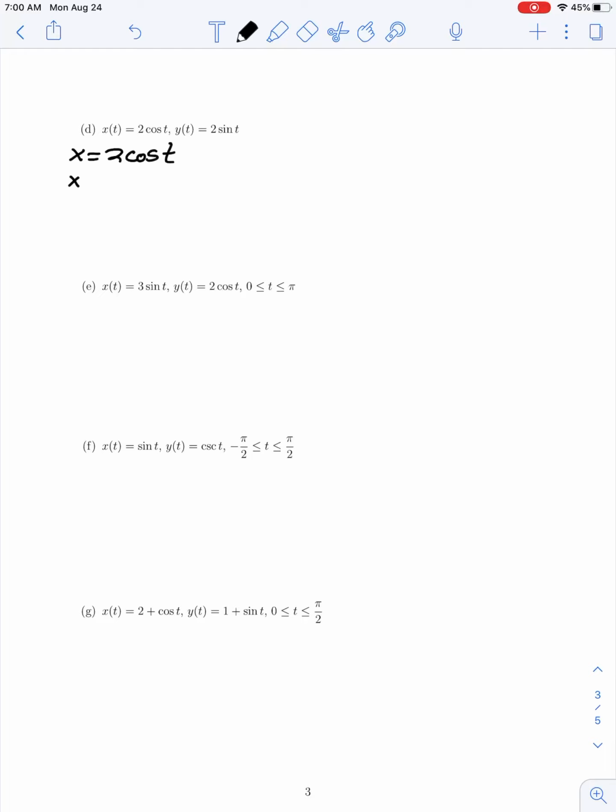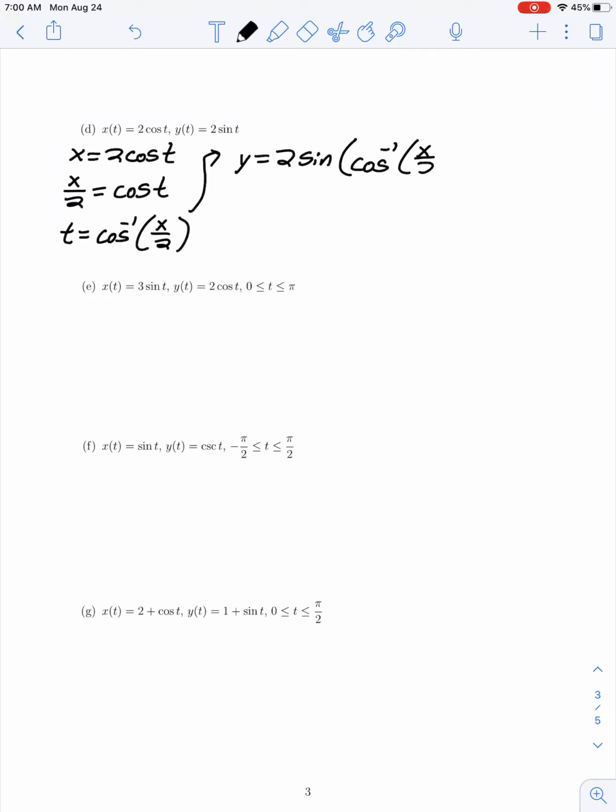So solving for t, well, we would have x over 2 is equal to cosine of t. So t could be expressed as arc cosine of x over 2. And then taking that expression for t and substituting into y, we have y is equal to 2 times sine of arc cosine of x over 2.